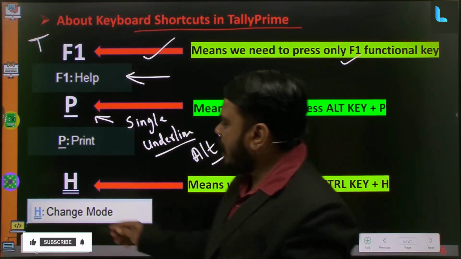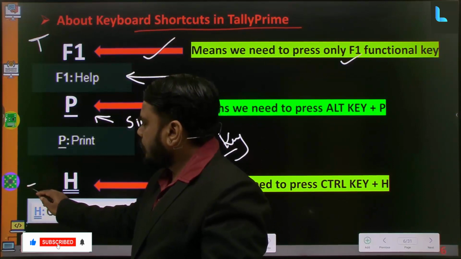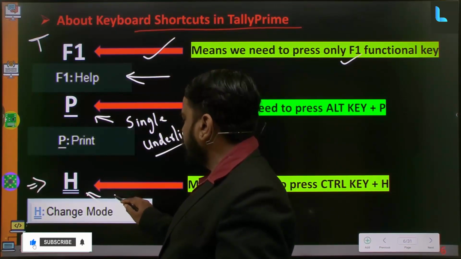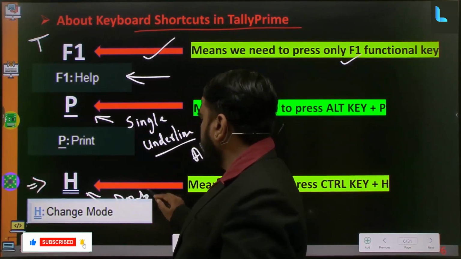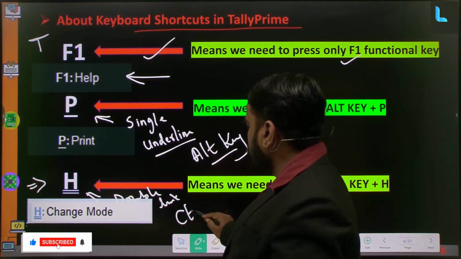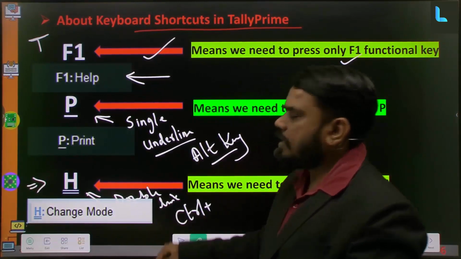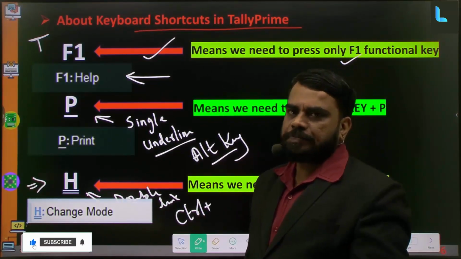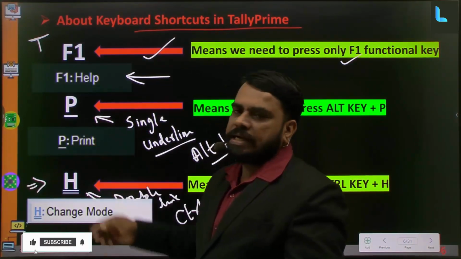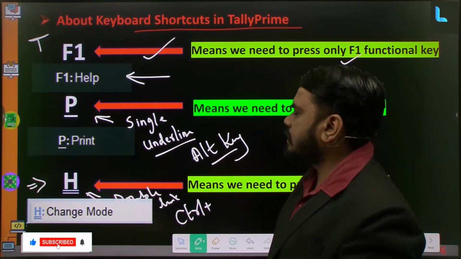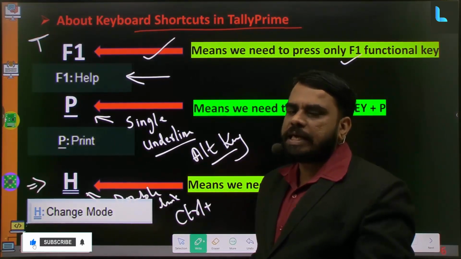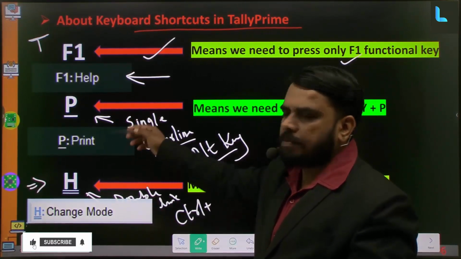In the same way, if you find a double underline, it means you are supposed to press the Control key in combination with another key. In the first case, you can see P with a single underline, so we are supposed to press the Alt key along with the key P.